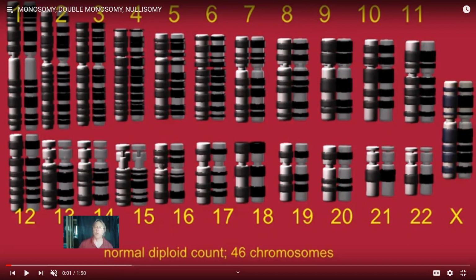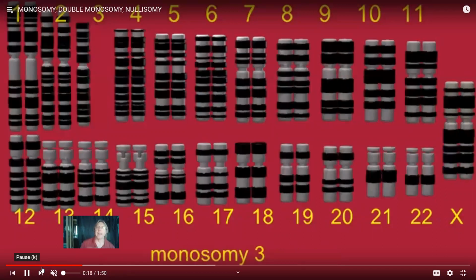We call them chromosomes, and chromosomes are molecules of DNA. The DNA is very long and thin, but it's condensed around a protein scaffolding to form these chromosomes.